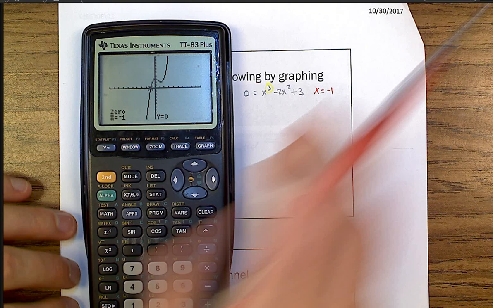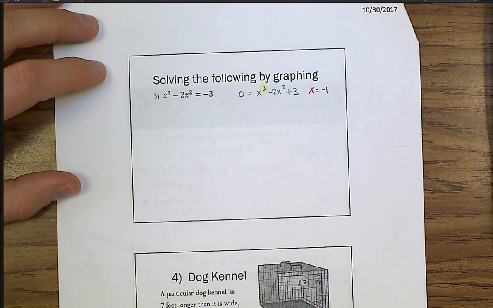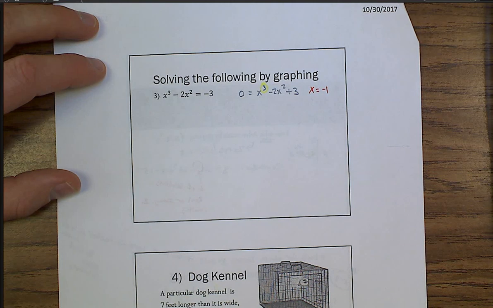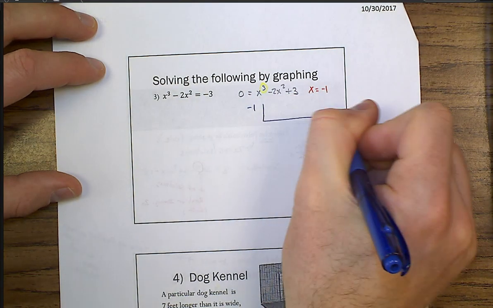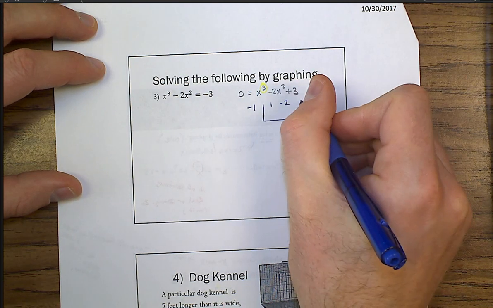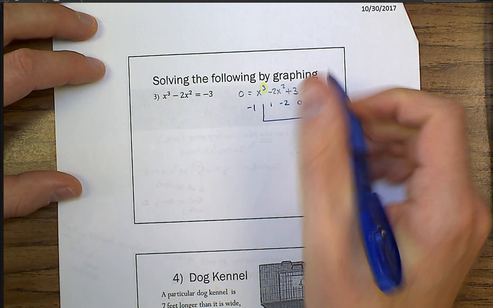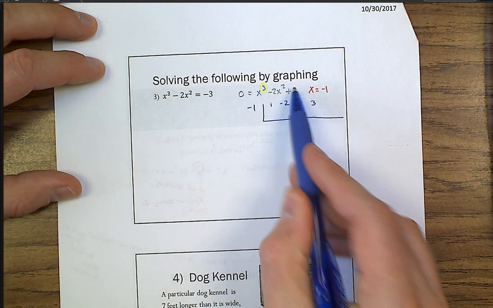All right, so I'm going to clear this and remove, and I'm going to set up my synthetic division here to find what I have. So -1, and I have x to the third. There's my x squared. I'm going to plug a 0 for my x, and then I have a 3, right? If you have a missing term, there's x cubed, x squared, I don't have an x, so I got to put a 0 in there.